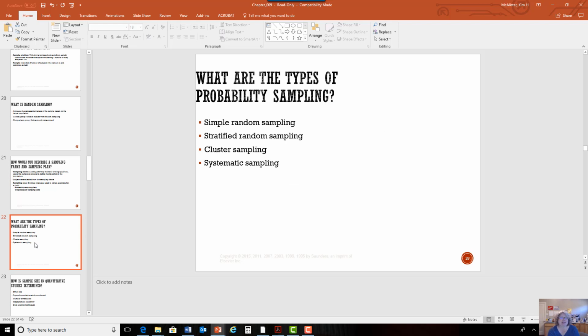So probability is simple random sampling. First of all, simple random sampling means you basically draw names out of a hat. You just randomly pick people.